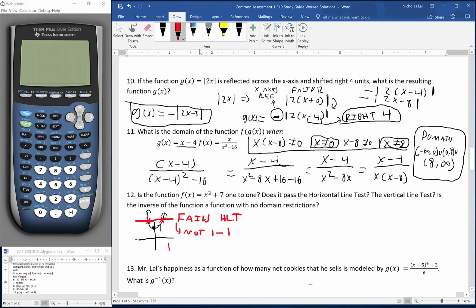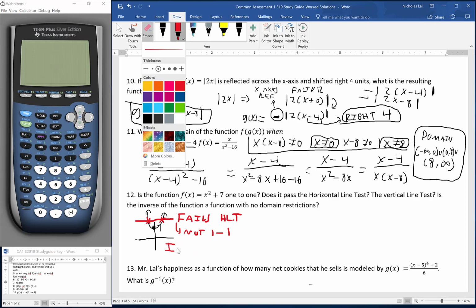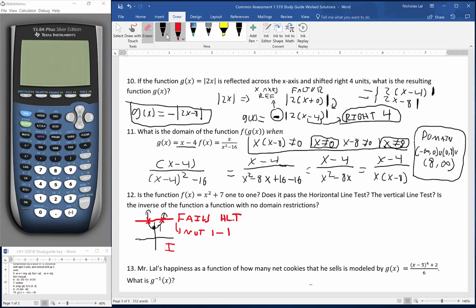So is the inverse of the function a function with no domain restrictions? The inverse of the function is not a function if the function is currently failing the horizontal line test.